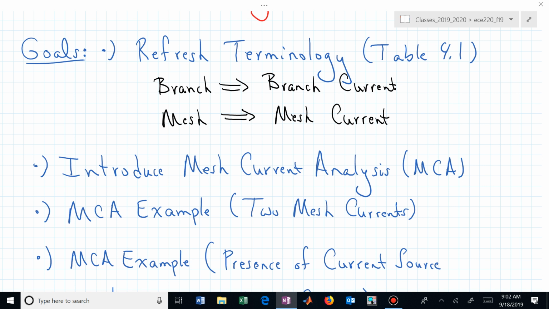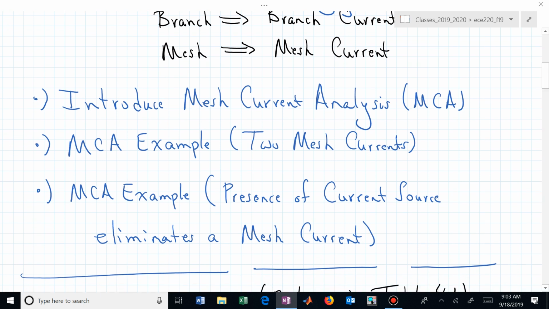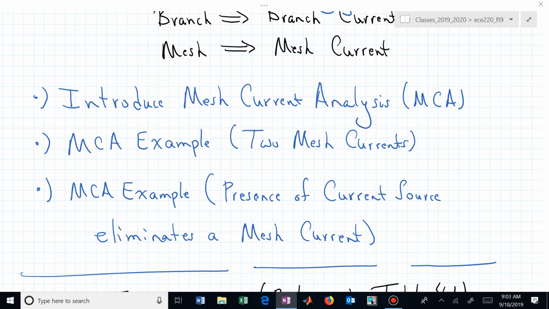How do I want to say this? Sometimes I1 equals IA, but I2 might not be equal to IA. So branch currents and mesh currents are different concepts, but they can, depending on how they are defined, be consistent or equivalent. We'll then introduce mesh current analysis, and we'll look at one example where we have 2 mesh currents.